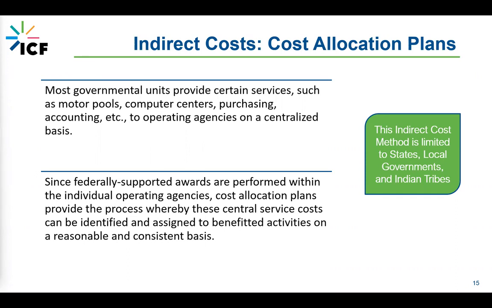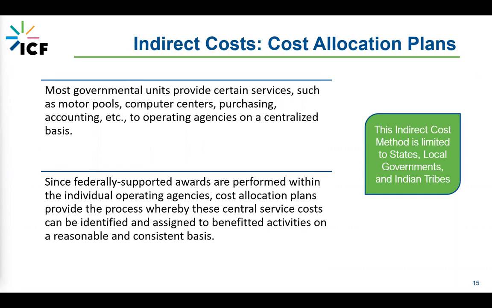Most governmental units provide certain services, such as motor pools, computer centers, purchasing, accounting, etc., to operating agencies on a centralized basis. Since federally supported awards are performed within the individual operating agencies, cost allocation plans provide the process whereby these central service costs can be identified and assigned to benefiting activities on a reasonable and consistent basis.